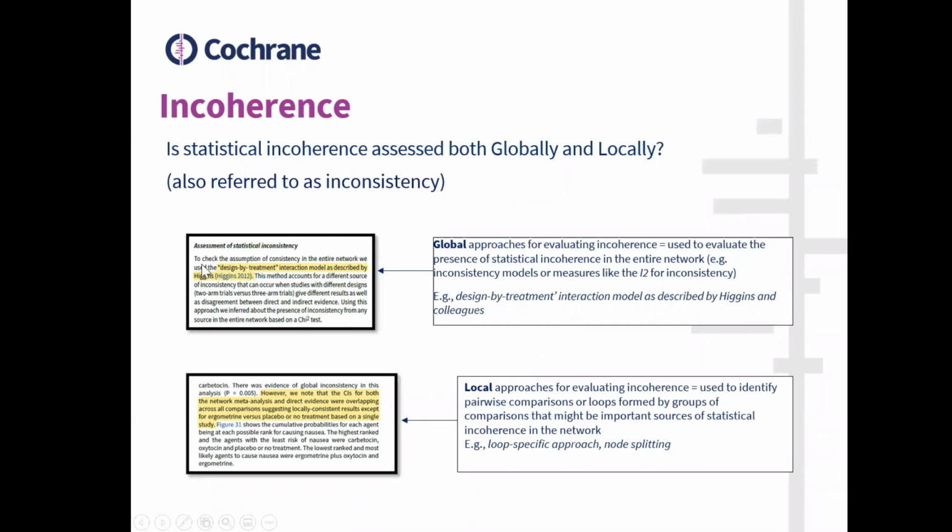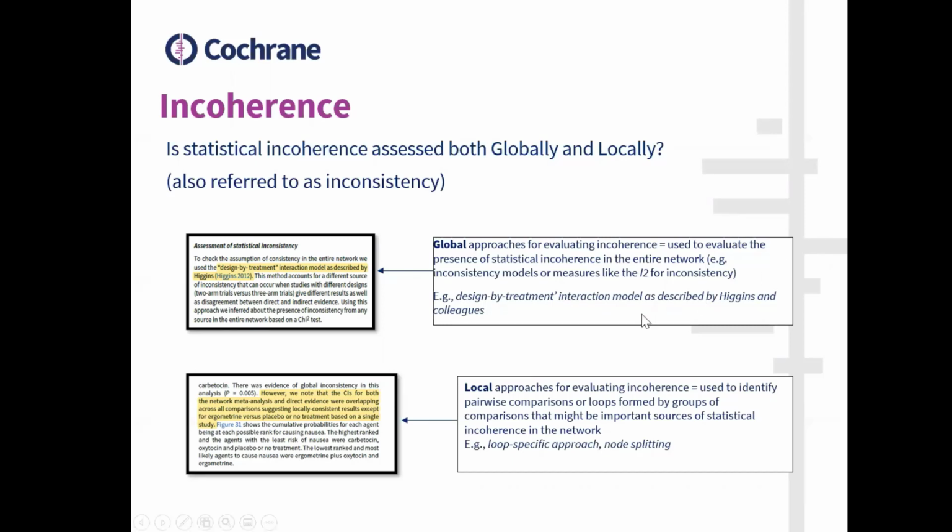One of the issues we found with people writing protocols for network meta-analysis is they might have network meta-analysis in the title, but then the first time it's mentioned in the review is actually in the data synthesis section. And as I've shown, it needs to be thought about right throughout the protocol. You might not necessarily need to mention it in every section, but I've pointed out different sections where we really need to think about mentioning it and the particular issues in.